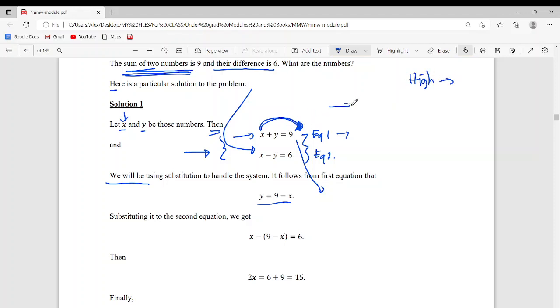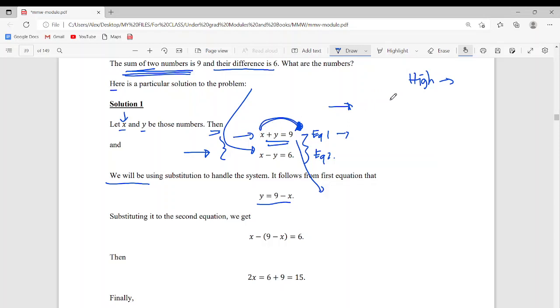But in reality it is not like that. The proper way to represent this equation in terms of y is by the additive property of equalities. We can add the negative of x to get rid of x here.